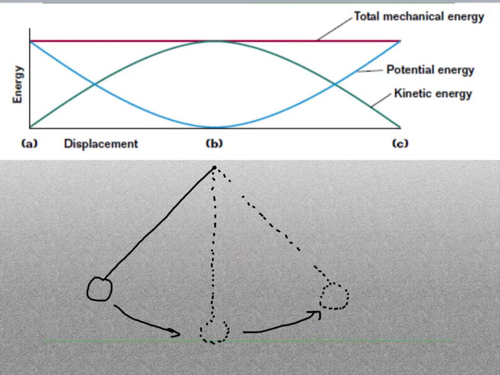So let's look at an example here. We talked about this a little bit before, but I want to go into it in more depth. This is a graph that you can find in your book. And remember, total mechanical energy is constant when there's no friction. Okay, so here I'm just going to put a reminder, no friction.